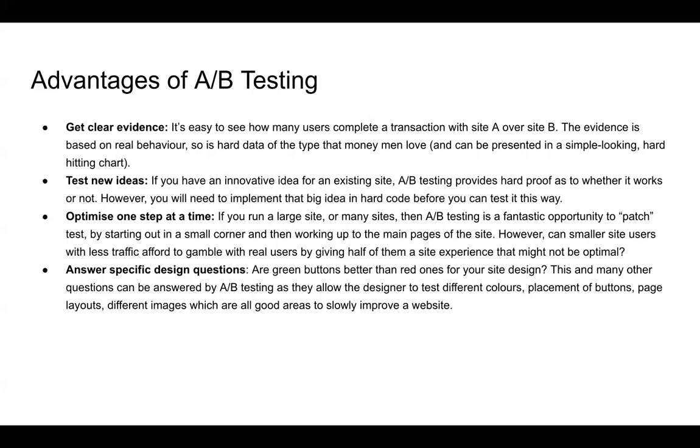So the last part would be answering specific design questions. For example, the color of a button or maybe a layout, how many input forms should there be in a particular section?